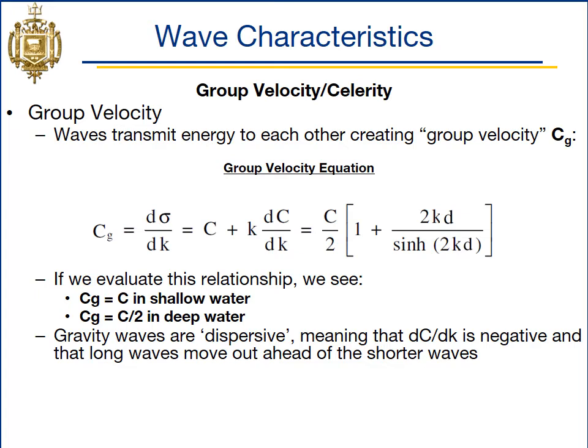And what this all means is that gravity waves, or wind generated waves, are dispersive, and what that means is that waves of different wavelengths or different frequencies will travel at different speeds. So a good visual for this concept of dispersion is, imagine a group of midshipmen lined up for the PRT.